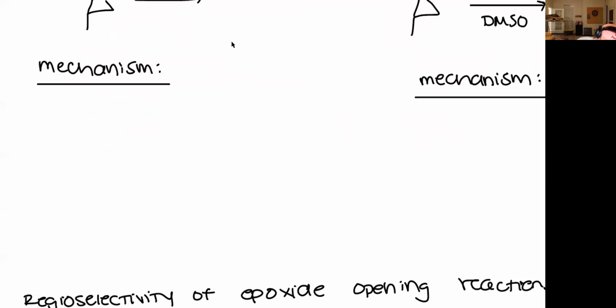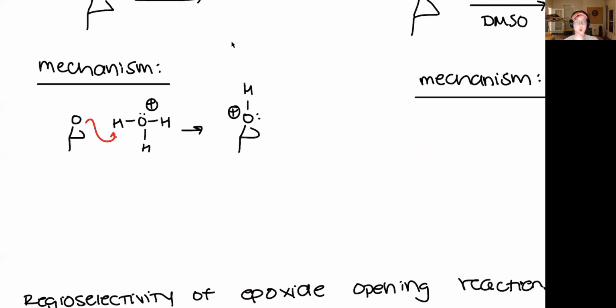And so again, the first step is the acid workup, the acid step. And we'll just assume a water solvent here. And so now the O of the epoxide has a positive charge.